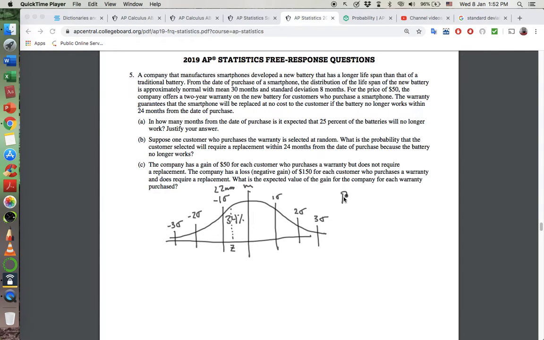And so we're looking for a probability. The probability that Z is less than or equal to whatever number this is, X, or whatever you want to call it, is 0.25. Of course we're looking for a negative z-score since it's to the left of the mean.